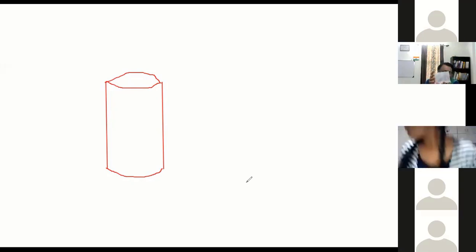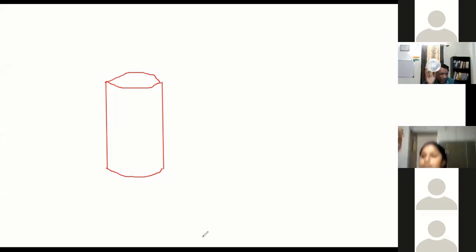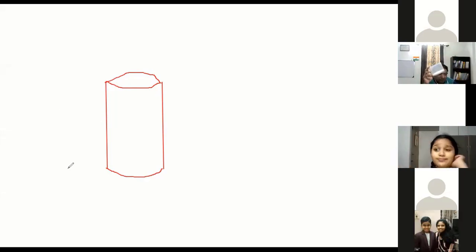So tell me, if you see from the top or bottom, how will it look? Circle. Good. And this is the curved part, this is the flat part, and this is the curved part, right?